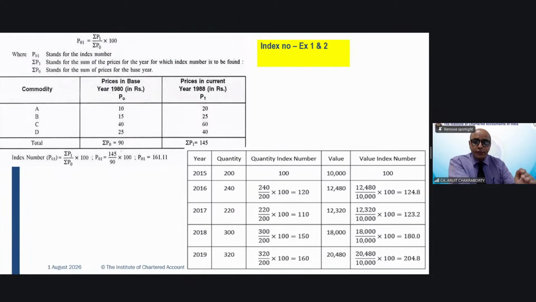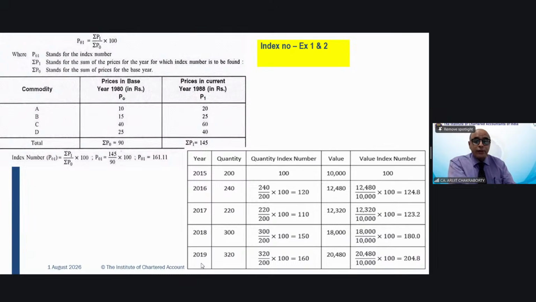In value, you can see that slowly the value has increased, but if I convert it on a scale of 100, then I get the value index of 2016. It comes to 124.8. The value in the base year is always taken as 100, as you can see here. The 2015 value index is 100, while for 2016 the value index is 124.8.